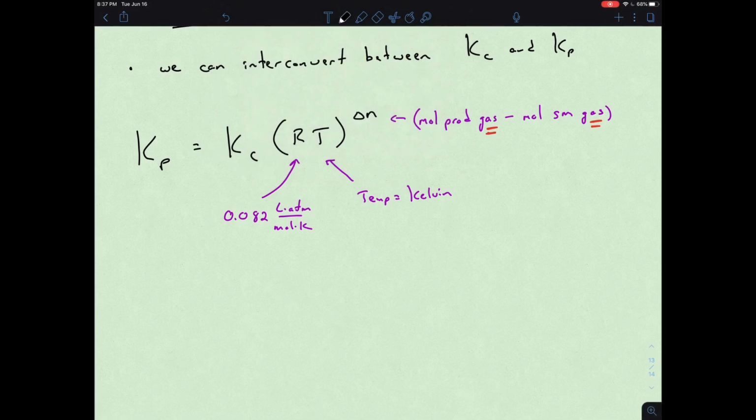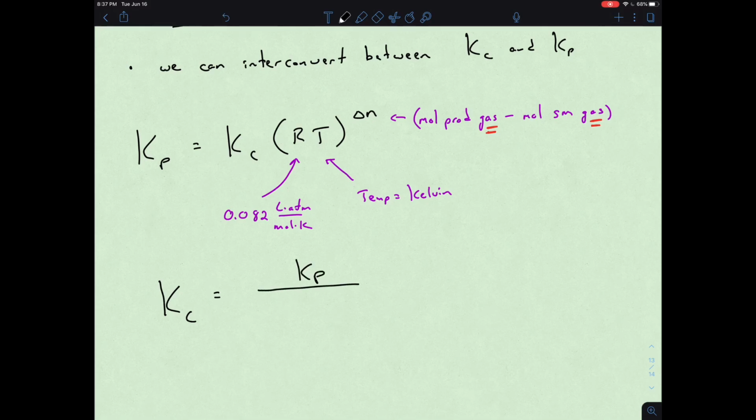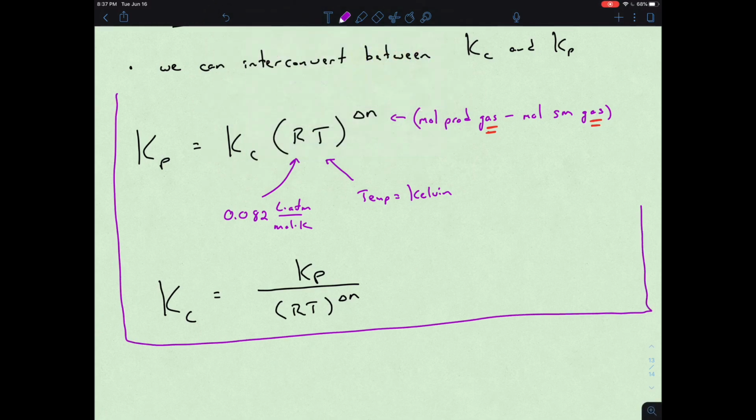We can obviously rearrange it and have our K sub C form as well, which would just be K sub P over RT raised to the delta N. So there is our relationship between K sub P and K sub C. Basically, if we know one, we know the other.